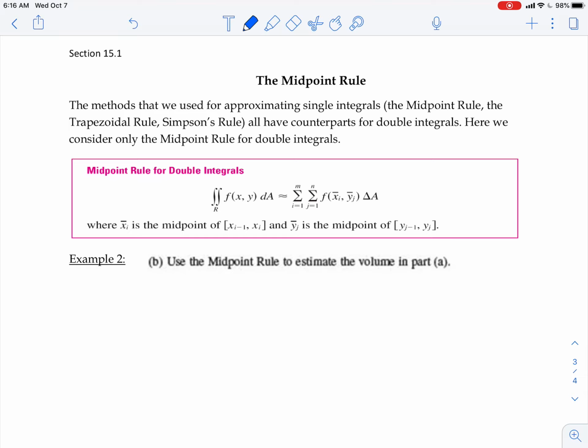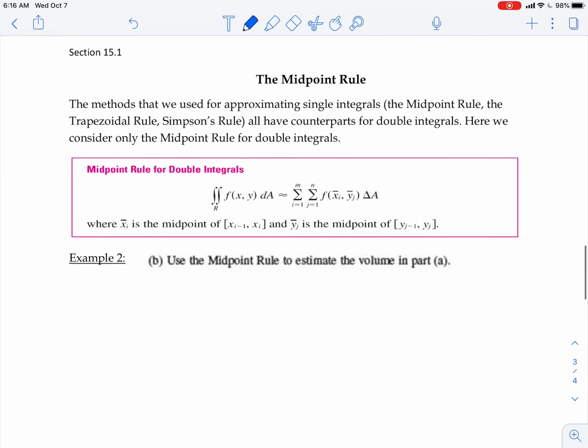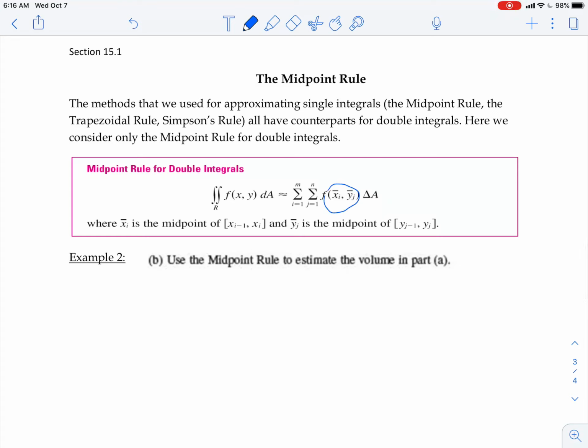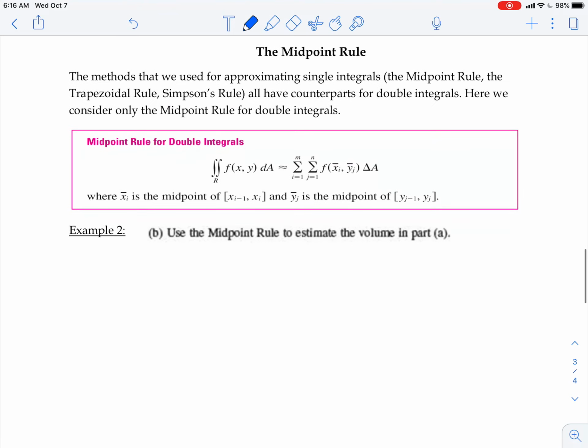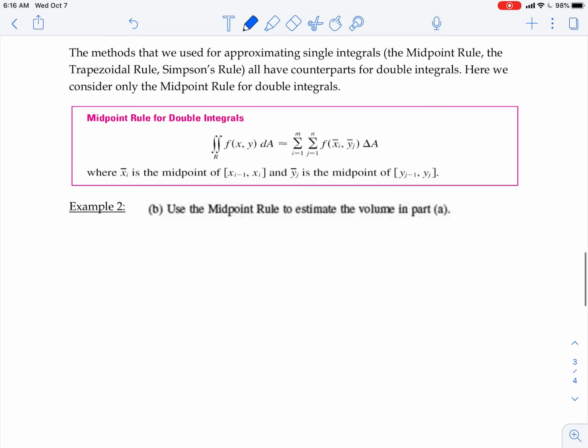But we can apply all those rules to double integrals. So again, the midpoint rule for double integrals is the exact same, except this is going to represent the midpoint, where you're going to have x sub i bar, y sub j bar. And those are just going to be the midpoints for each x and y component.